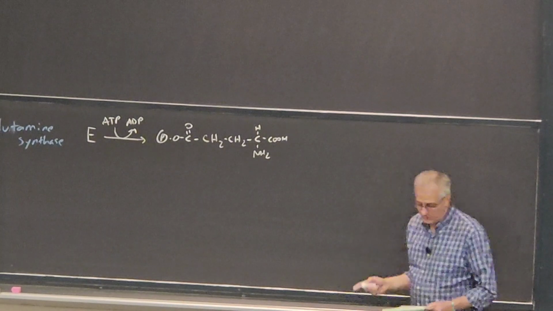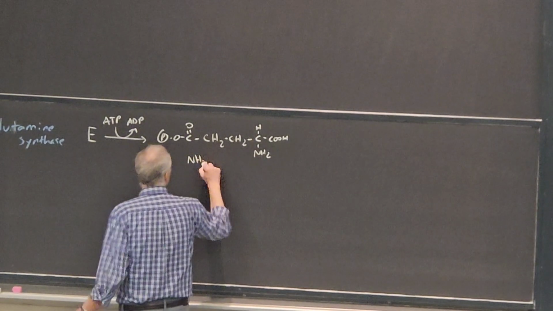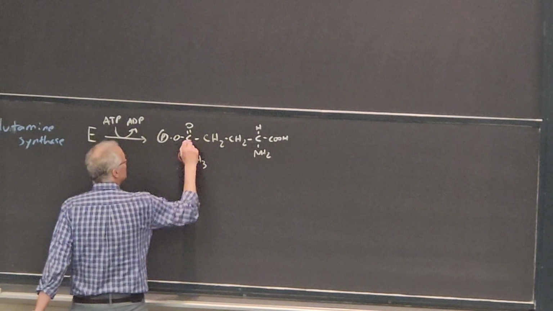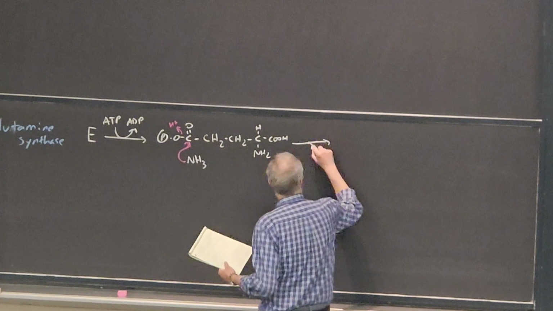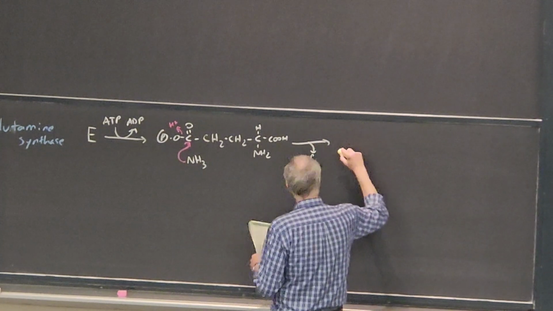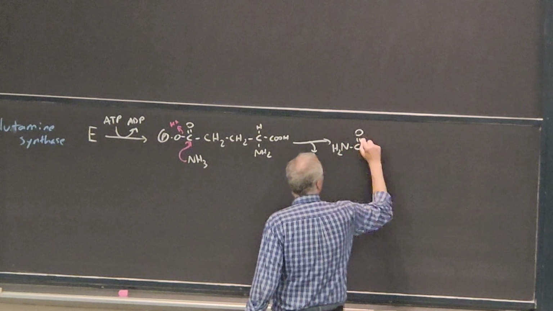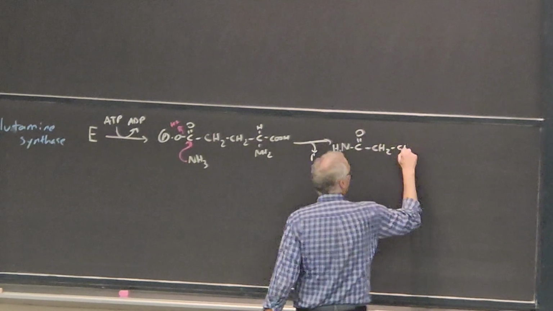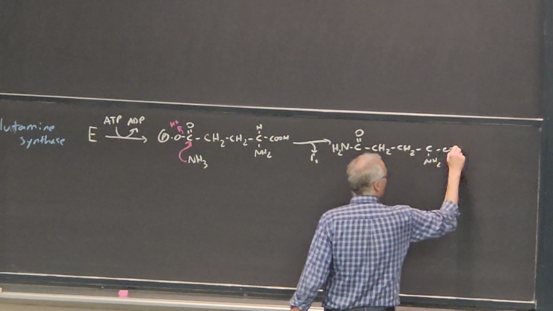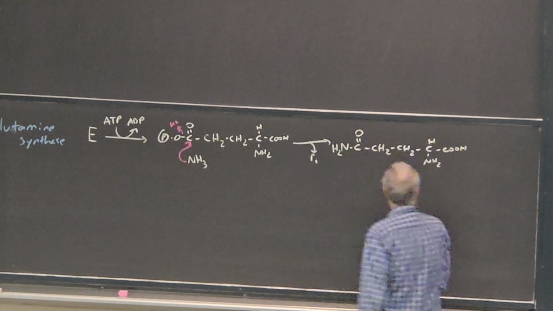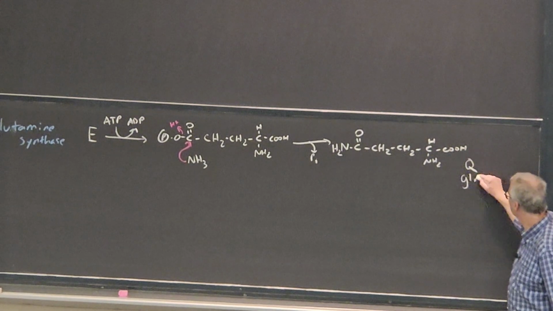Okay, so phosphorylated glutamate, now my amino group can just come in and displace the phosphate. Okay, and that gives me just here's now the amino acid glutamine.